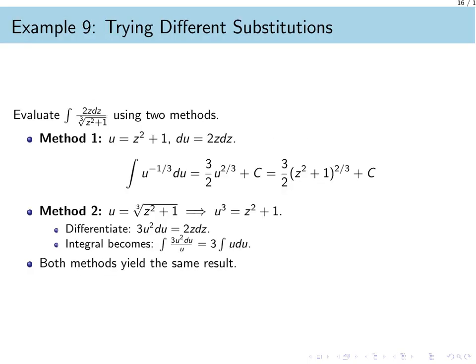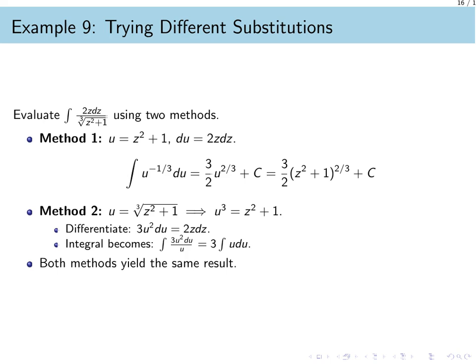We can often solve an integral using different substitutions that yield the same result. In this example involving a cube root, method 1 sets u equal to the inner polynomial z squared plus 1, leading to a fractional power integral. Method 2 sets u equal to the entire radical term, which requires cubing u to find the differential.